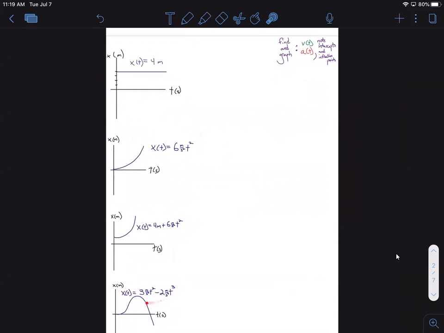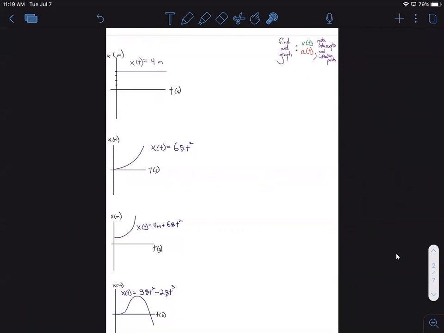And here's a little bit more complicated combination of polynomials there. Try to figure out the velocity with respect to time, acceleration with respect to time, make a graph for each one. And as a bonus, note any intercepts and inflection points that you see on those graphs, and we can look at why those are important.